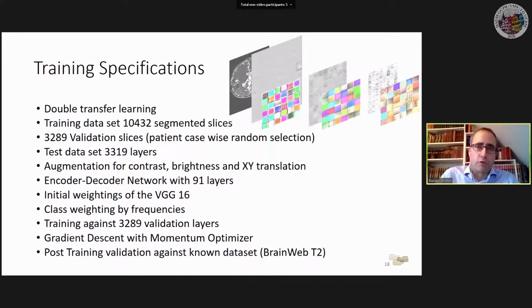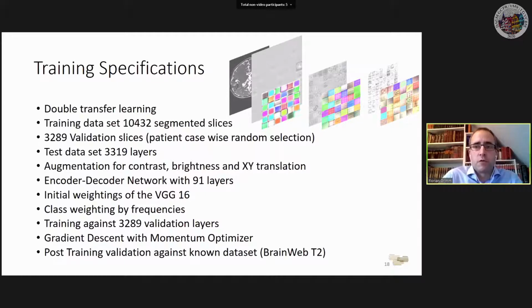So these are our training specifications. We transferred the classical segmentation results to the pre-trained network. The training took place with randomly selected slices against validation slices, which were randomized patient-wise. In this case, we segmented 4 classes: CSF, brain, tissue, and background.